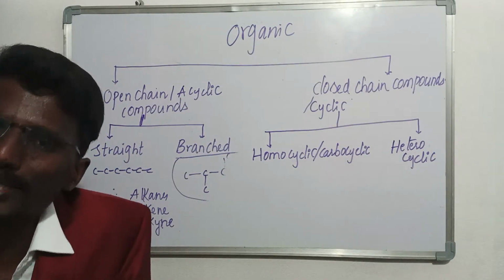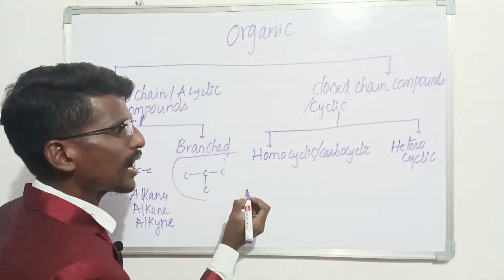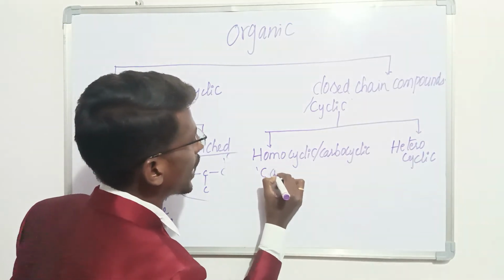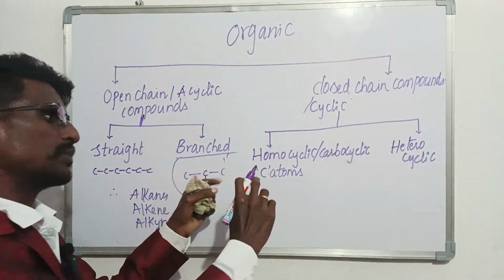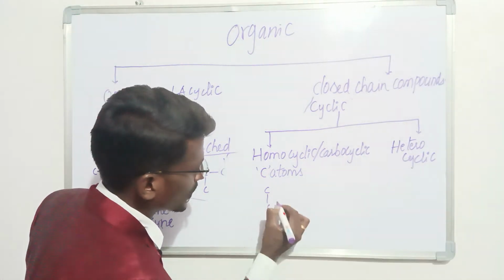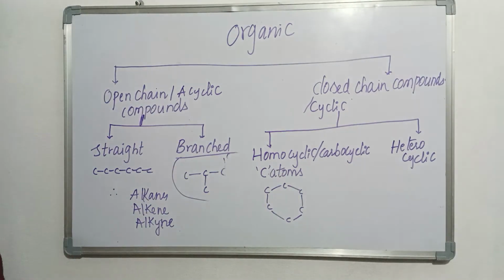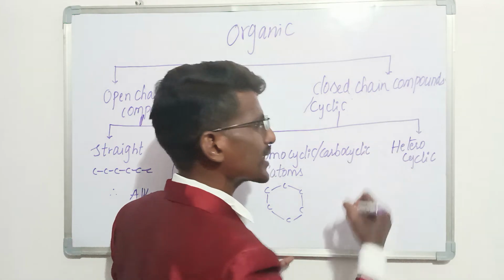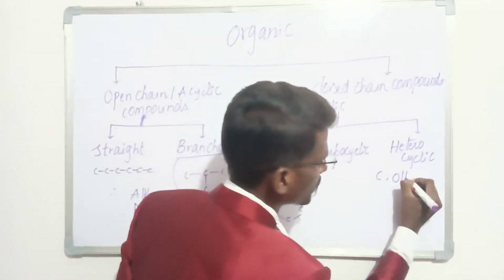What is the homo? What is the hetero? Homo means same. It means these cyclic compounds are made up of only carbon atoms. Carbon and hydrogen may be present, and the cyclic system is made up of a carbon chain. This is known as a homocyclic compound. Then in a heterocyclic ring system, the carbons exist along with another atom.